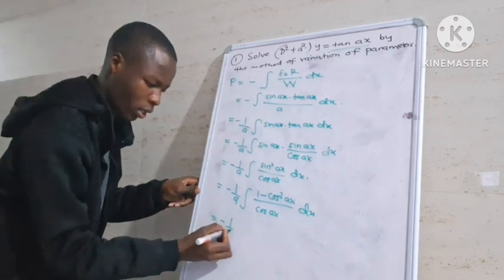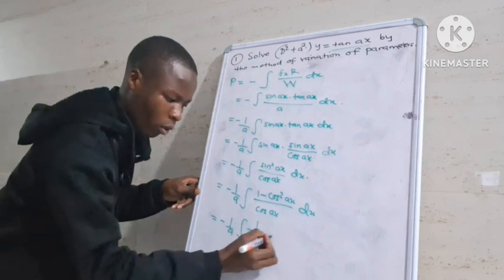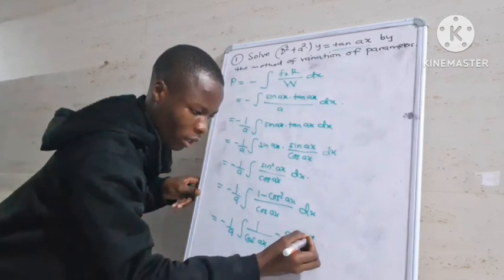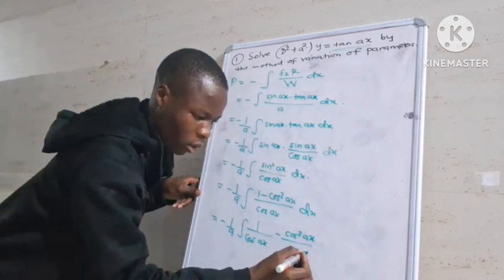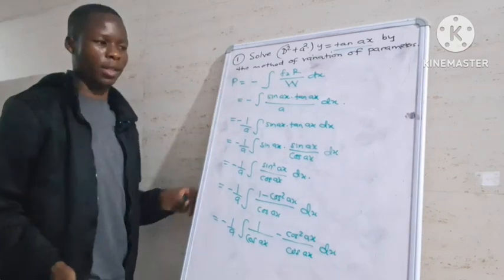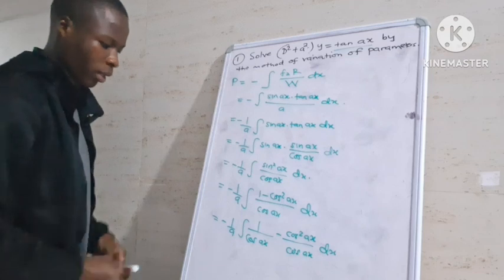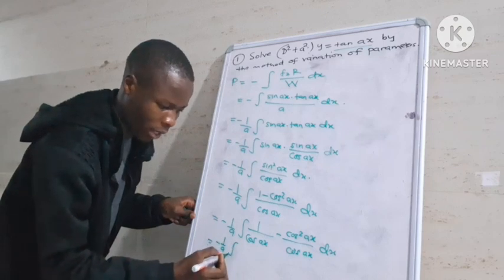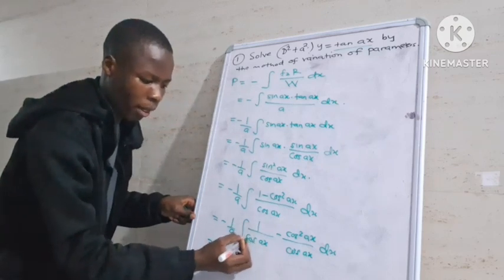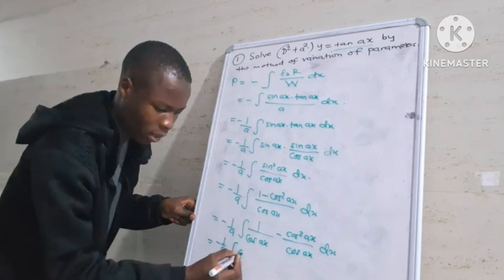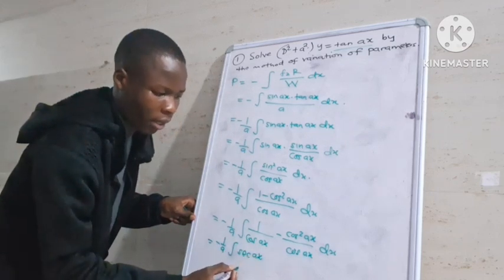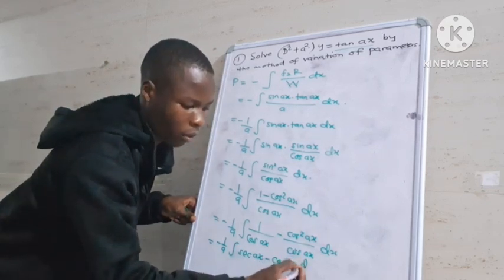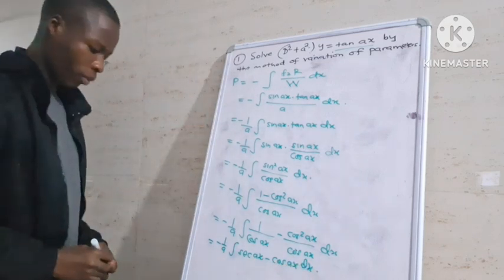This is equal to negative 1 by a, the integral of 1 by cos ax minus cos squared ax by cos ax, dx. This is negative 1 by a, the integral of sec ax minus cos ax with respect to x.